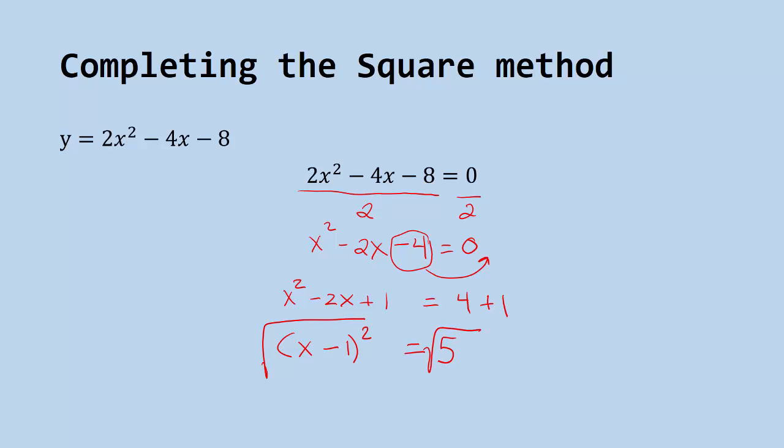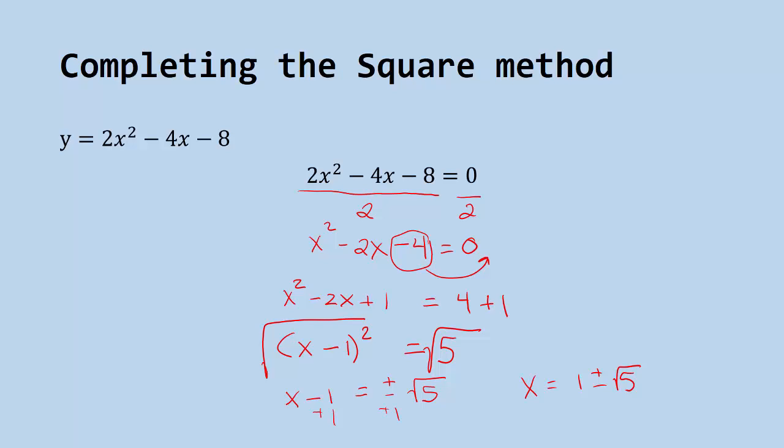Of course, the left side, x minus 1 squared, simply leaves us with x minus 1. And we're left with the positive or minus square root 5. Now, I'm not at x equals yet, so I need to add 1 to the other side, and what I really am getting is x equals 1 plus or minus square root 5.